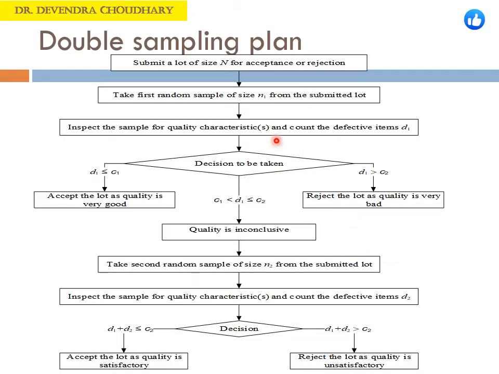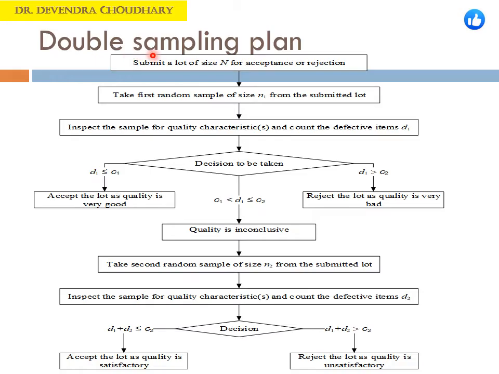In a double sampling plan, the decision regarding rejection or acceptance of the lot is made on the basis of maximum, please underline, maximum 2 samples drawn randomly from the lot. So it is not necessary that you always take 2 samples.